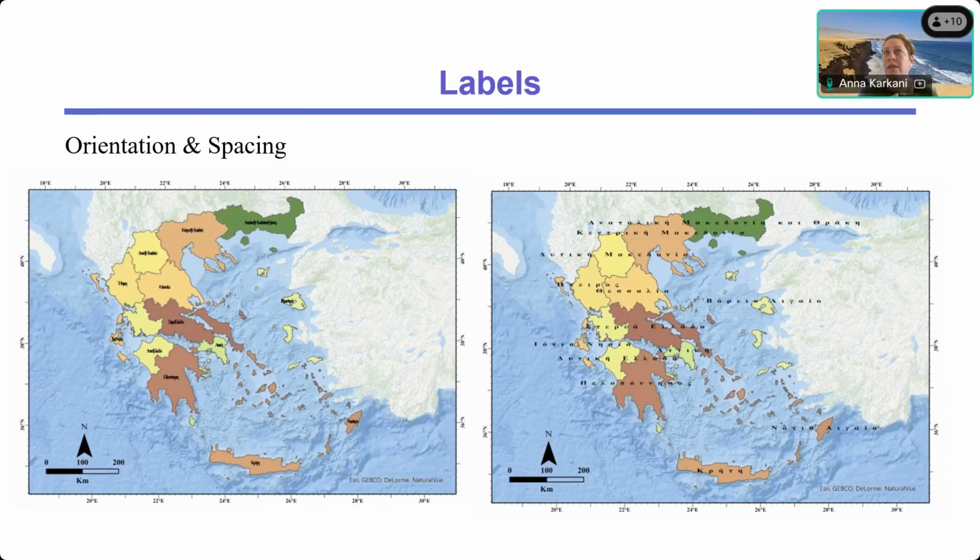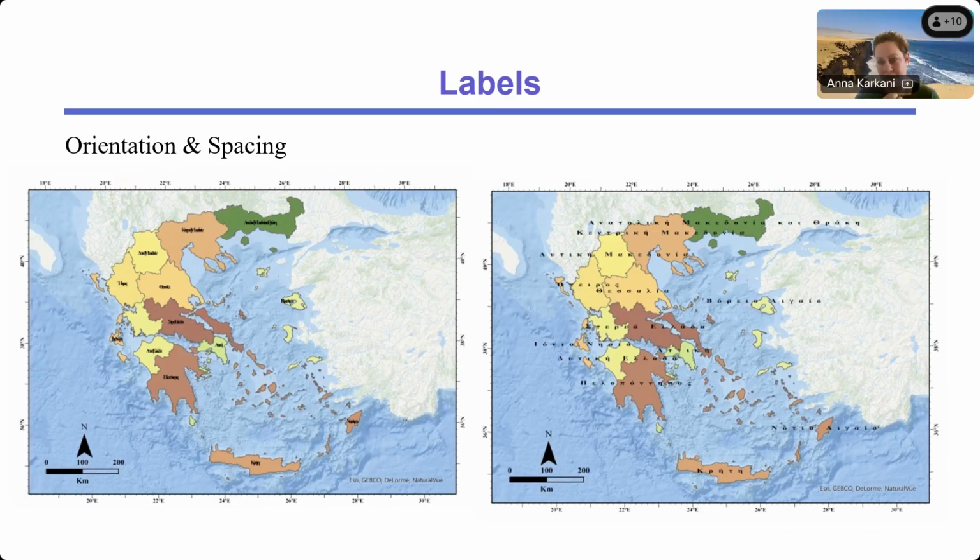And then you have other options, of course, but it also gives you the opportunity to place them a little bit diagonally. And you can ask GIS to keep your labels straight if they fit. So it's not a rule.